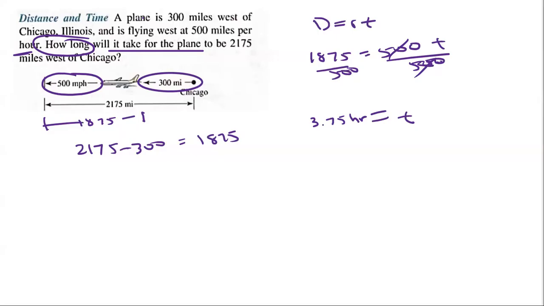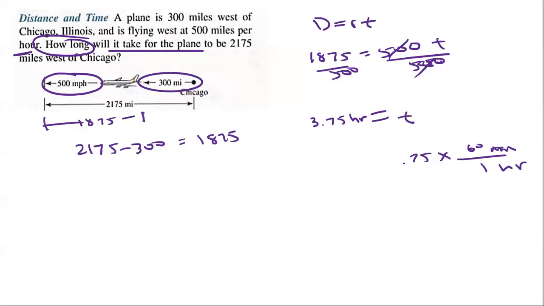So you know there are 60 minutes in an hour, so we can just take 0.75 and then multiply that, right? So there are 60 minutes per 1 hour. So that gives us 45 minutes, right?